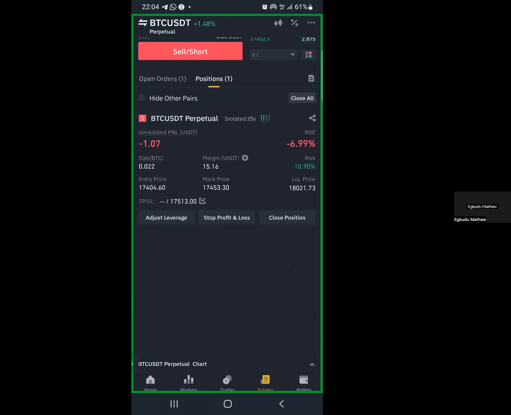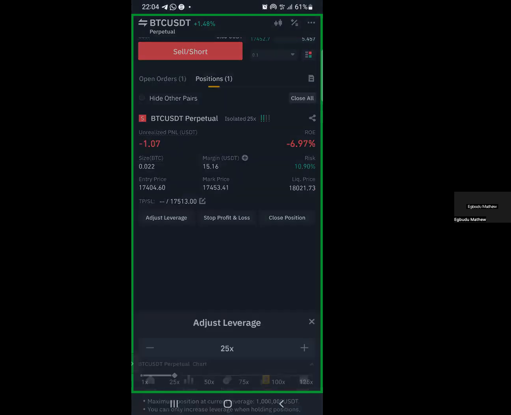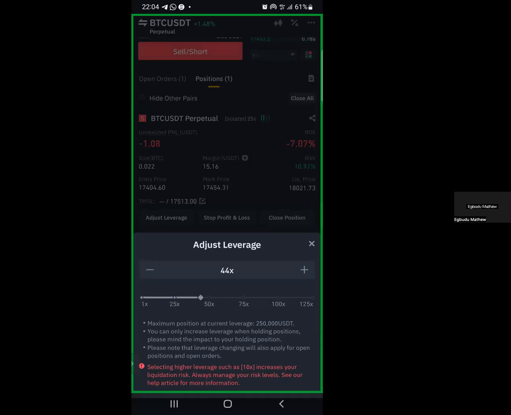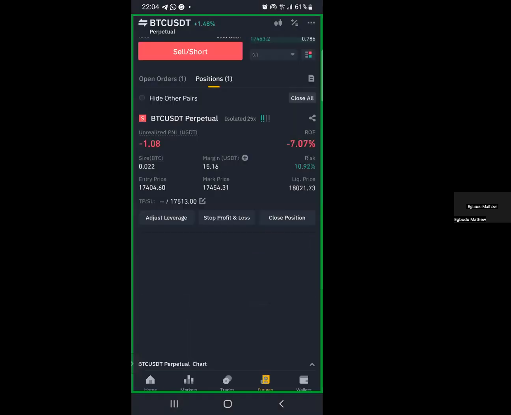Okay, now let's give it a trial. If I click on adjust leverage, I'm trying to adjust my leverage, but it's not going to work because I am already on isolated margin. You can only adjust your leverage if you're on cross margin. But if you're on isolated margin, you can't adjust it.